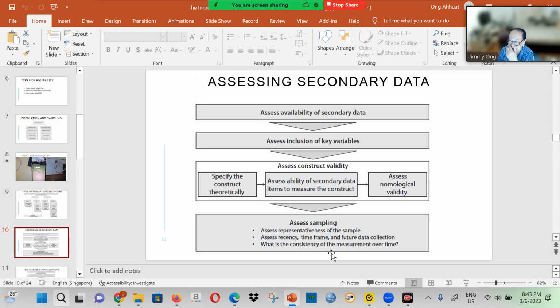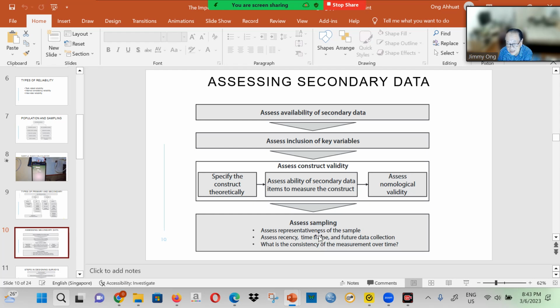Okay, step by step. First you assess whether you have the data or not. Then you check for the key one, right? Then we construct some kind of theory, and then you assess the ability, how you measure, and then you assess the availability, and then you check a sample.